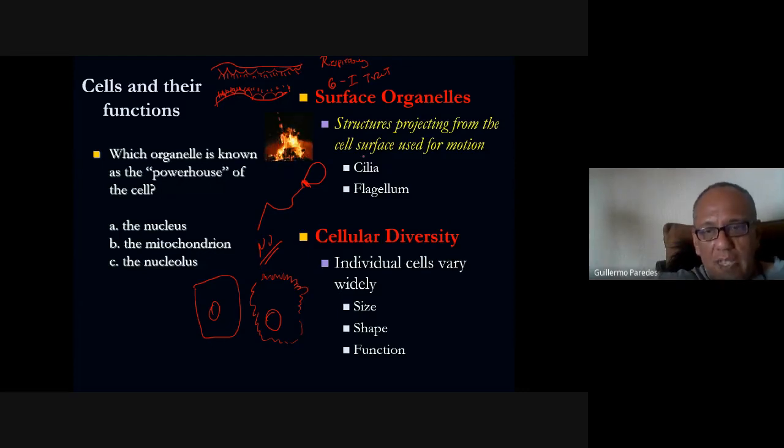The shape. Please, I want you to remember this. We have here a normal, typical cell. But what if I squeeze the cell here, and stretch out the cell here? At the end, I have a cell like this. Which cell is that? It's a nerve cell.